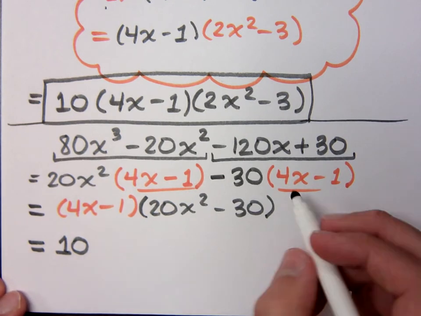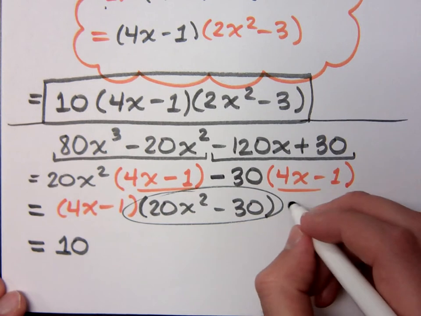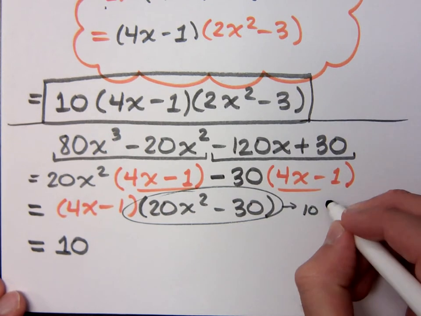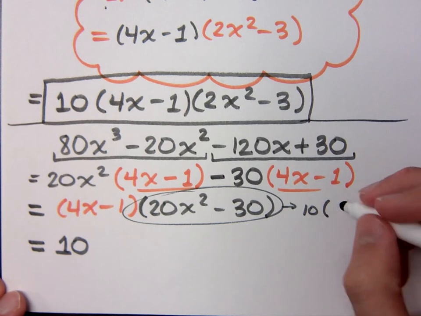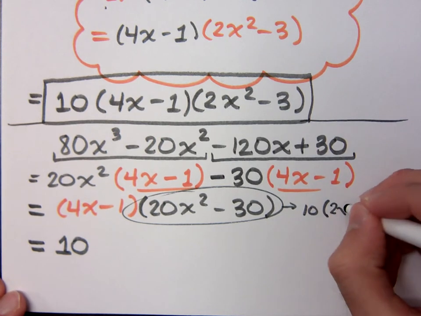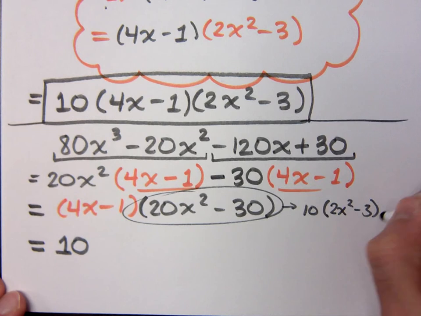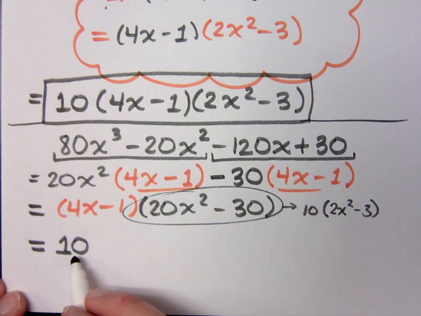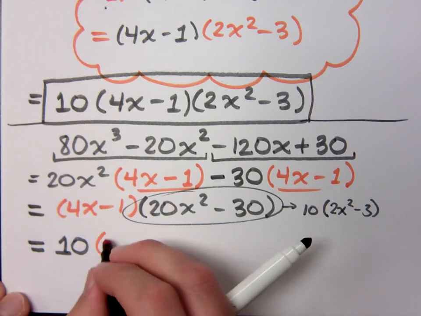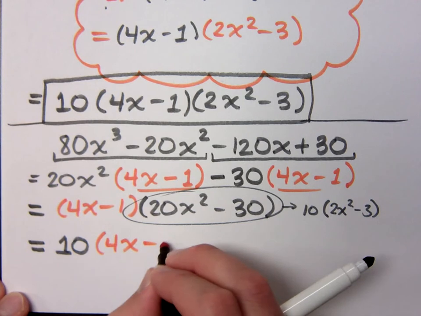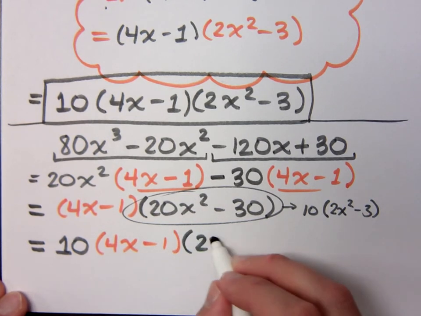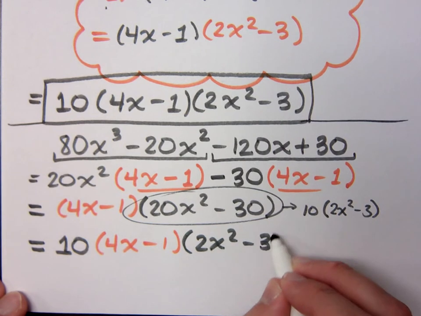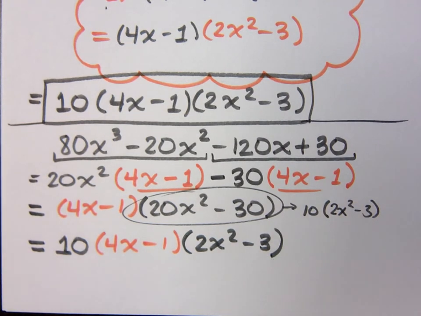So you're taking this guy right here and you're saying that this is equal to 10 times what? 2x squared minus 3. So I'm writing the 10 up front. Here's my 4x minus 1. And then the other part of the factorization was 2x squared minus 3. So it's still the same answer that I had, it's just a different way of going about that.